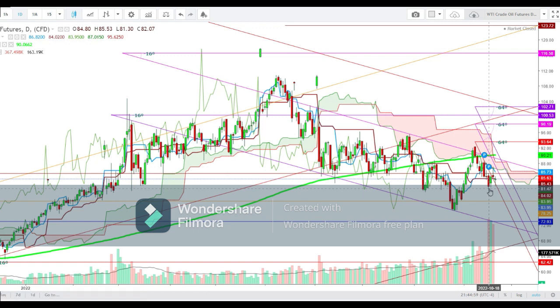Some bounce back was seen on October 19, but it finally found stiff resistance at the low end of the Ichimoku cloud, which is currently at the levels of 86.63, and from here a sharp sell-off was seen in crude oil prices on October 20th. This resulted in the formation of this exhaustive candle, which got confirmation with the sell-off on October 21st.